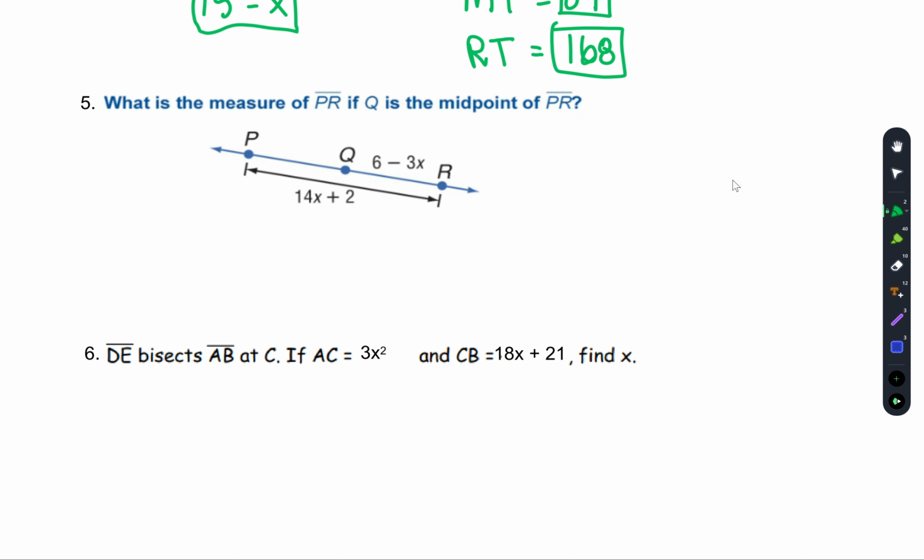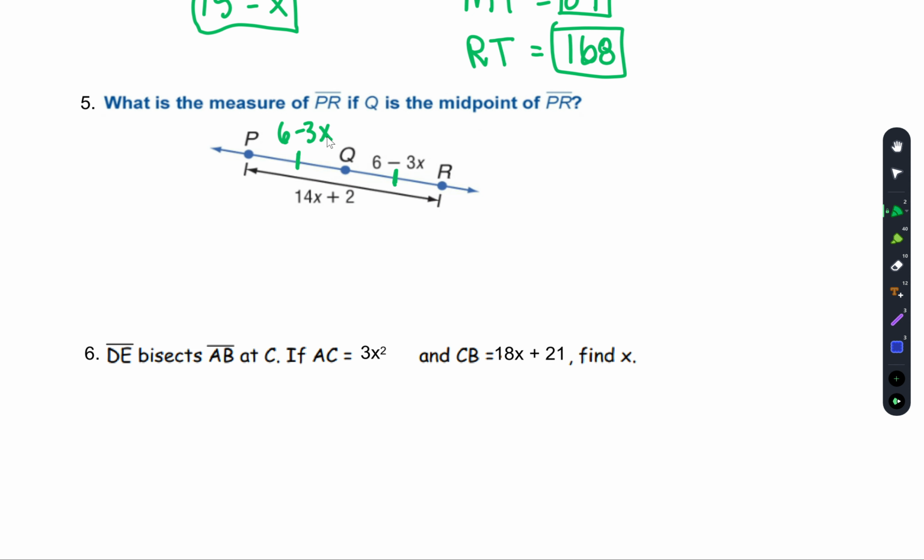Casper: Yeah, they're congruent. PQ is congruent to QR. What that also tells me is because they are congruent, whatever their measure is the same. So if QR is 6 minus 3x, PQ is also 6 minus 3x. So I'm filling in this diagram to help me out here.